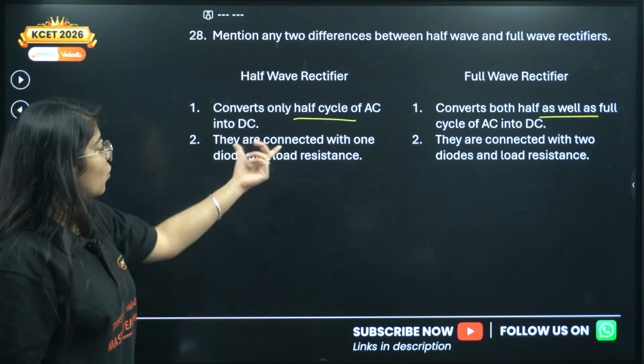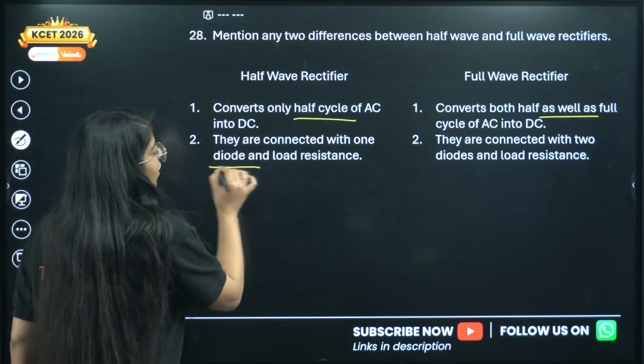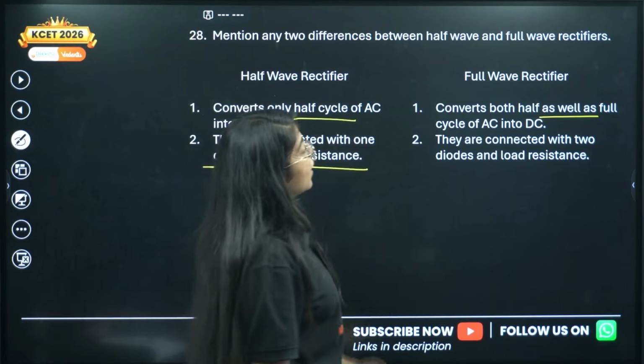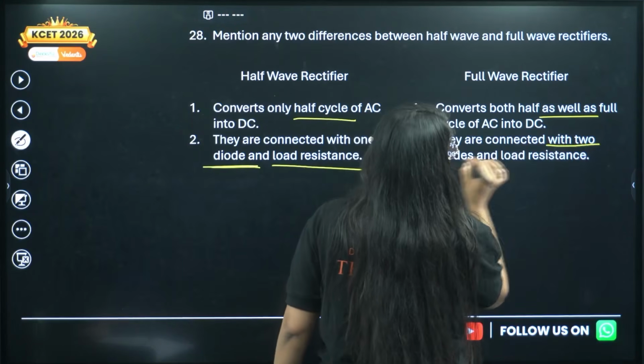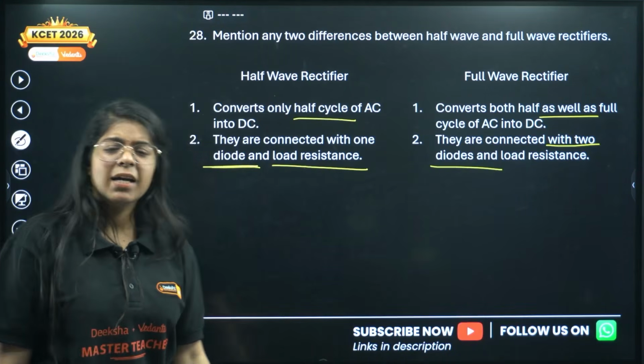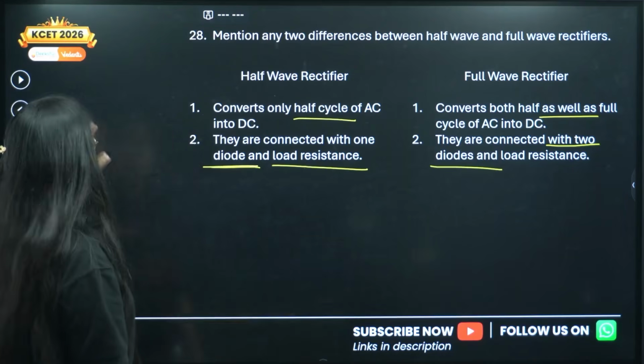In a half wave rectifier, only one diode is connected with a load resistance, but in a full wave rectifier, two diodes are connected with the load resistance. Correct? That is it for this question.